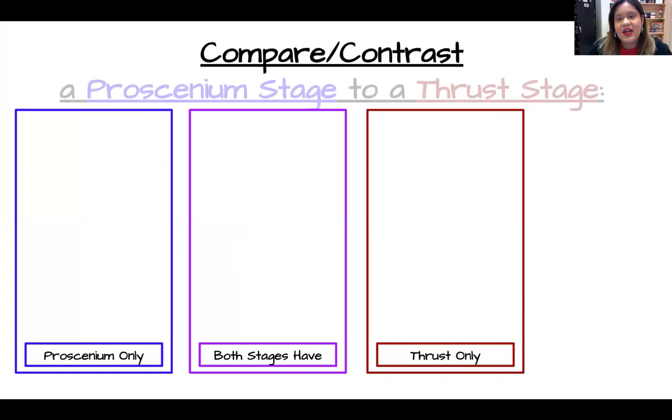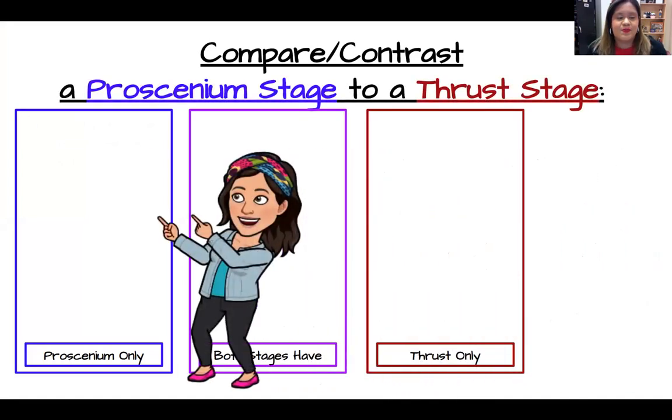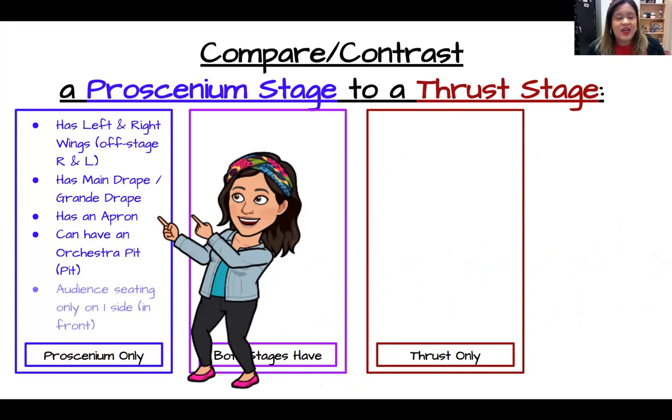And so let's go ahead and compare and contrast them, a proscenium to a thrust stage. So again, we already know these are the things that a proscenium has. It has the left and right backstage areas, the grand drape, the apron, the pit, audience seating on one side only.